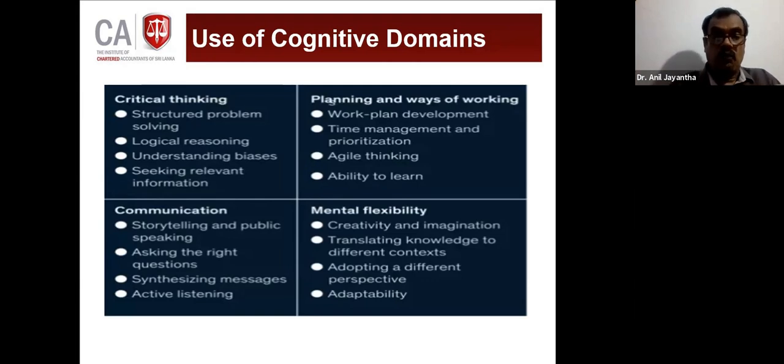So multiple approaches, triangulation, looking at a particular issue from different points, will help you to understand and see the different aspects of the issue. Otherwise, you look at only your side of the story, your thinking of the story. That is a belief. That is a danger. Then the adaptability.